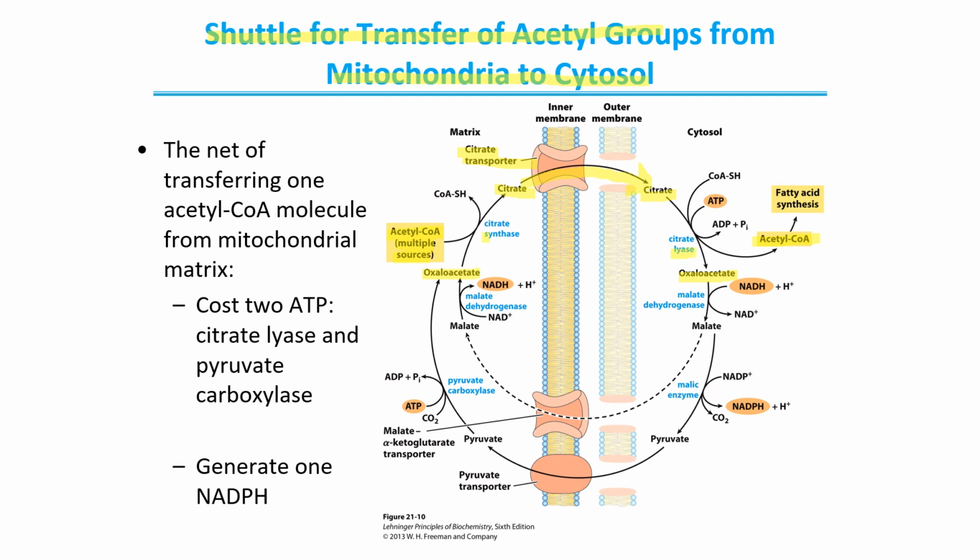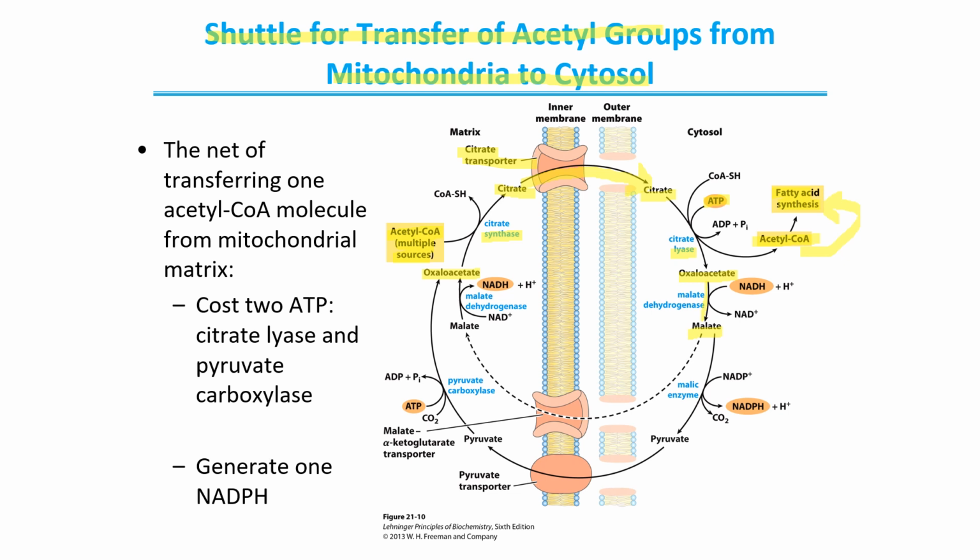So synthase is the enzyme that makes citrate, lyase breaks citrate. We have acetyl-CoA, which we can use for fatty acid synthesis now, and 1 ATP is used by this citrate lyase enzyme. But the oxaloacetate must be taken back into the mitochondria, so it's converted into malate by the malate dehydrogenase enzyme.